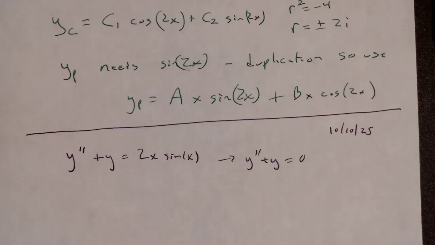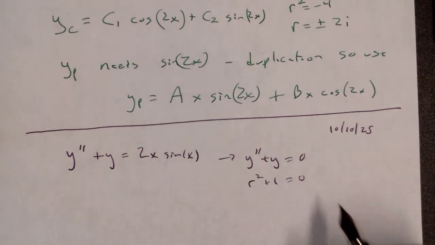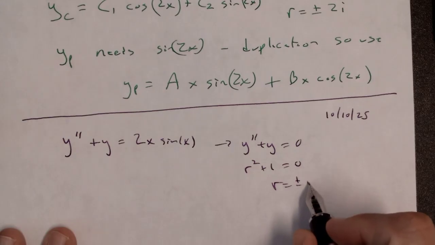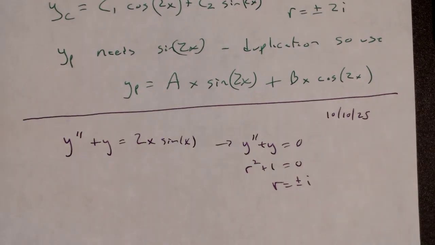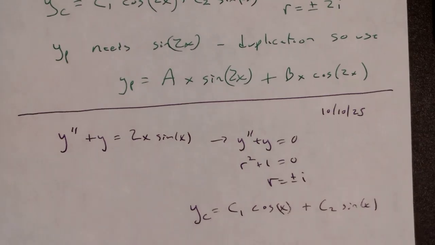The auxiliary equation that goes with that gives me plus or minus i, complex roots, which means my homogeneous solution part, yc, is C1 times what? Right. C1 cosine x and C2 sine x.